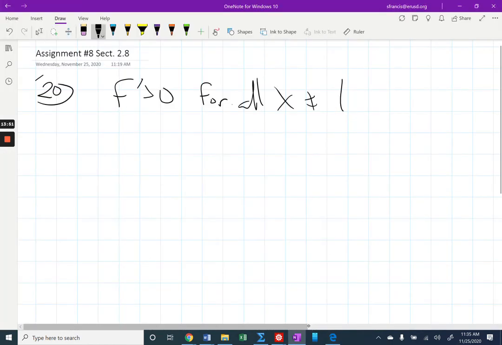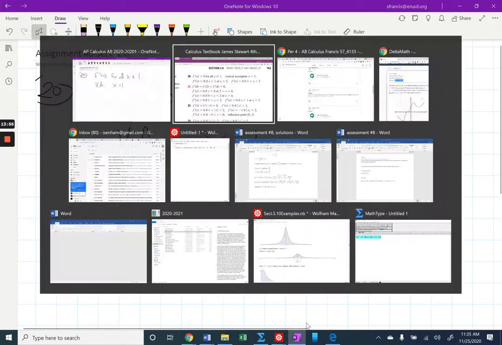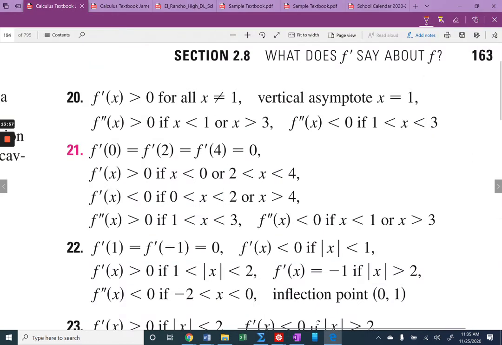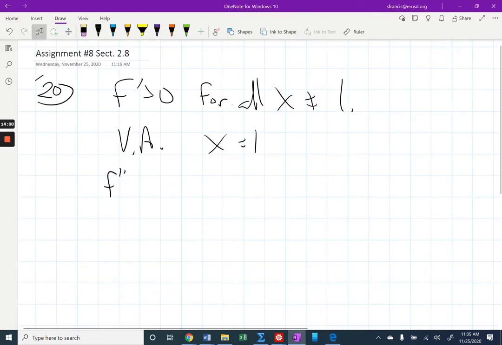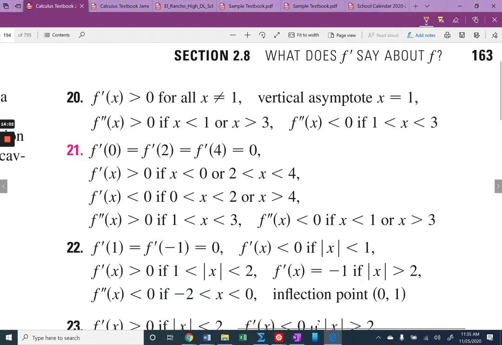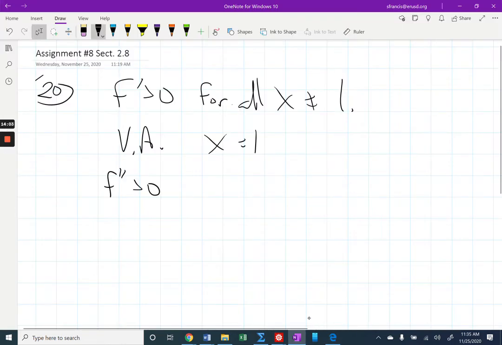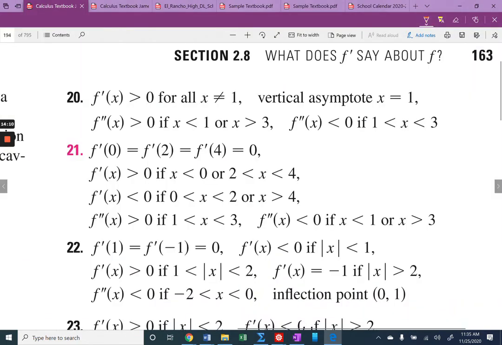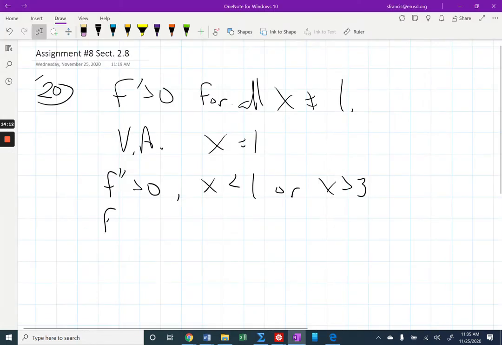We have a vertical asymptote at x equals 1. f double prime is greater than 0 for x less than 1 or x greater than 3, and f double prime is negative for 1 less than x less than 3.